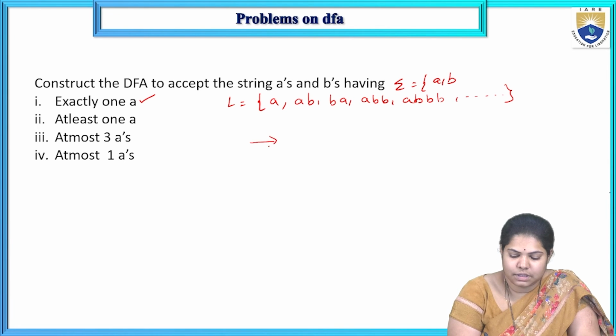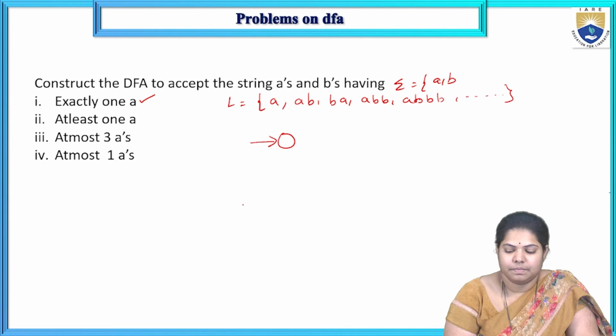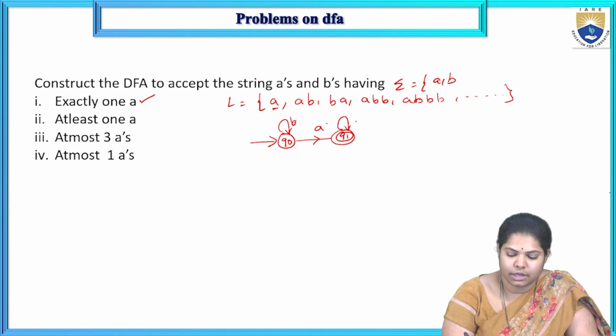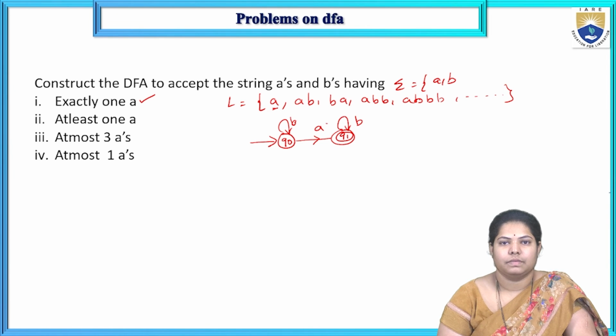So I start with the start state. On seeing the smallest string, I get this particular string accepted. Before A, I can contain any number of B's, and after A also I can contain any number of B's.